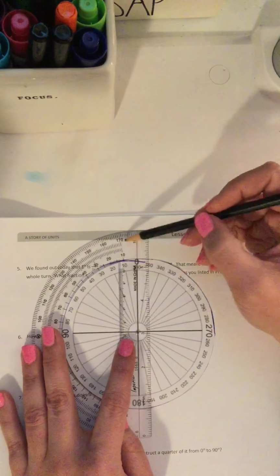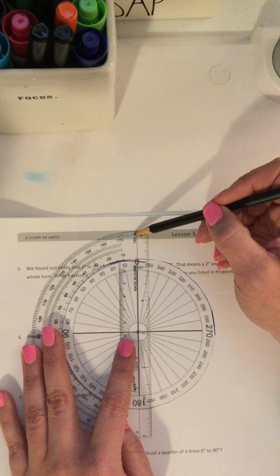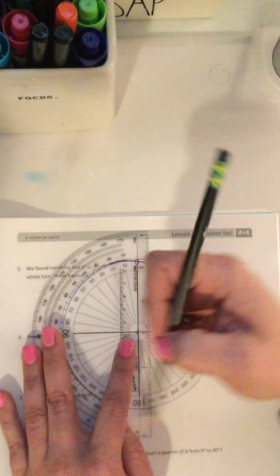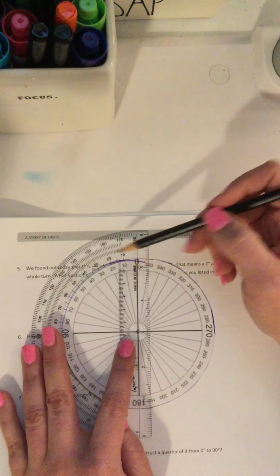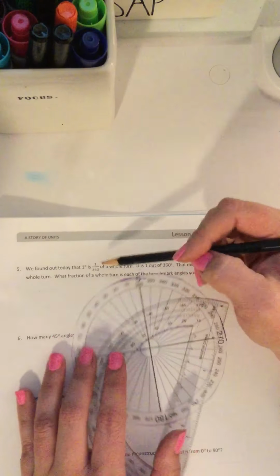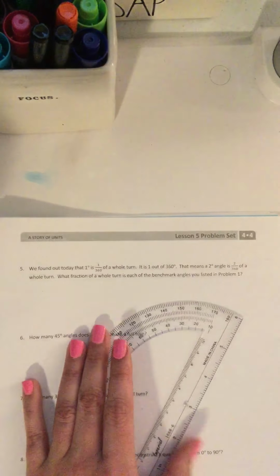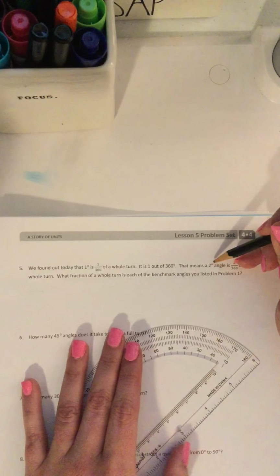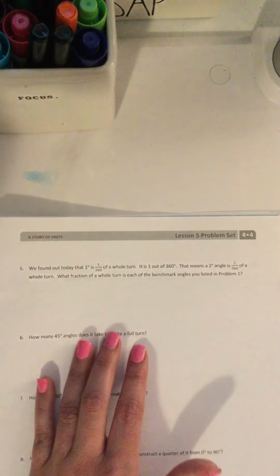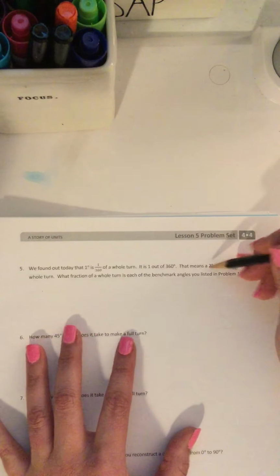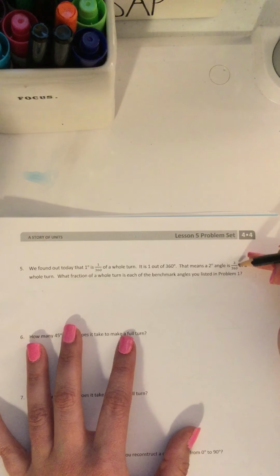So if this is 1 right here, 1 out of all of this, that's why it makes it 1 out of 360 degrees, okay? So 2 degrees, a 2-degree angle, is again very tiny. 1 degree is very tiny. 2 degrees is 2 out of 360 degrees.